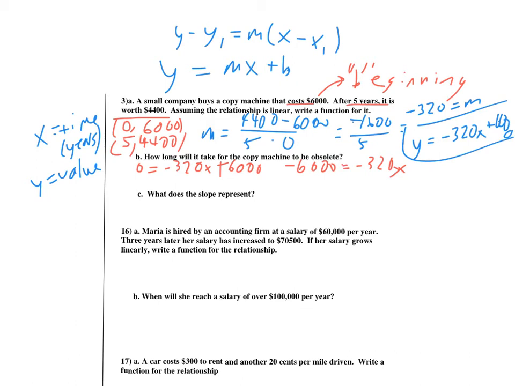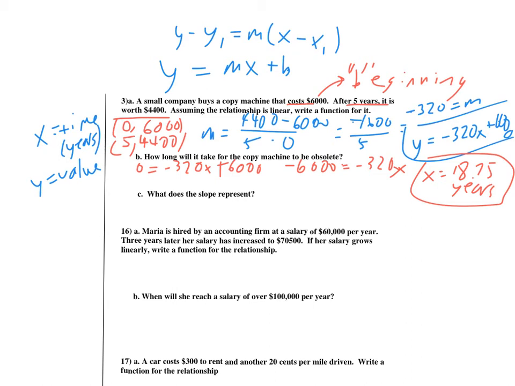Then we'll divide by negative 320. That gives us 18.75 years. Now, I don't really think this is true because it'll never be worth 0 in my mind. You can always sell it for scrap metal. But for the purposes of this problem, we'll say that.